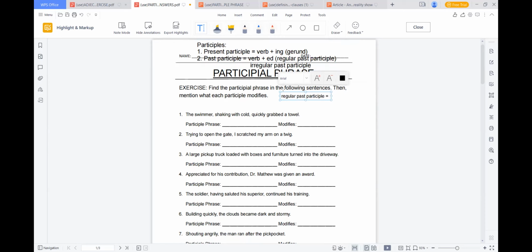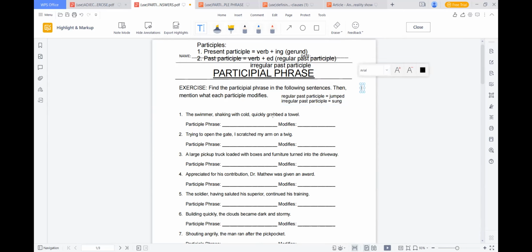Regular past tense is like jump, then jump is jumped, you have ed. But irregular past participle is like sing, sang, sung. The verb is completely different. Like sung, it's called irregular past participle because the word is completely different. All right, so this is called past participle.